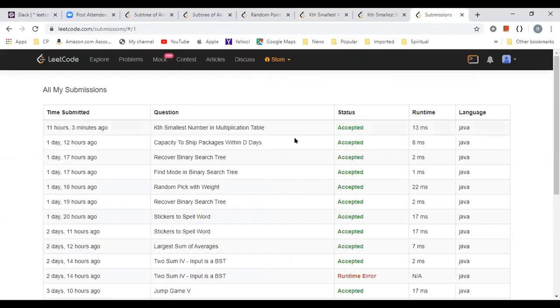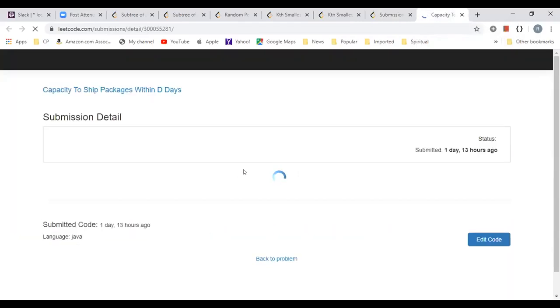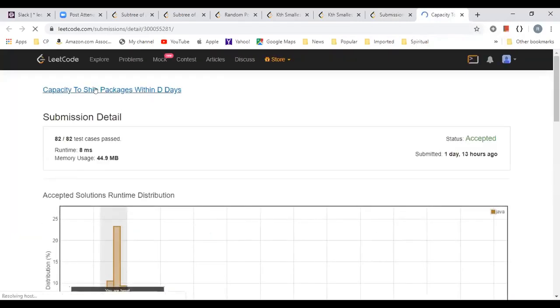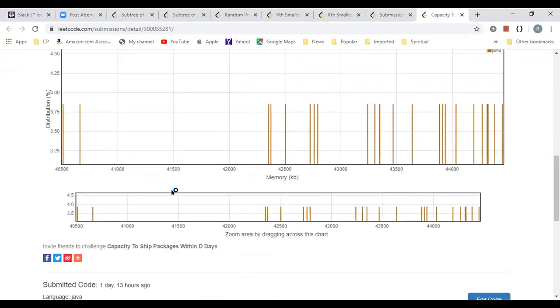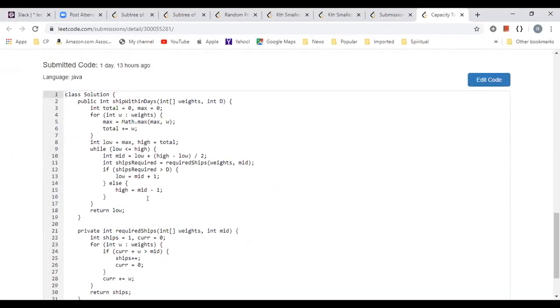And what I was talking to you about is, okay, if you see this, I solved it 12 hours ago. That was my previous submission. This was exactly the same problem basically. Let me show you. We had a similar problem on the LeetCode board also a few days back.